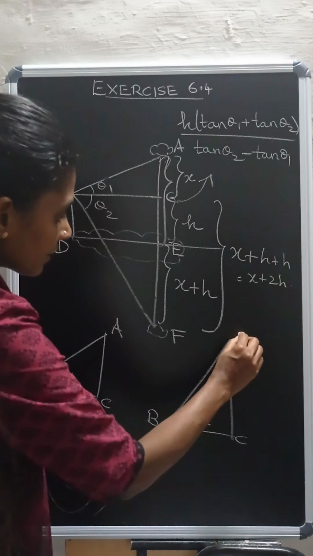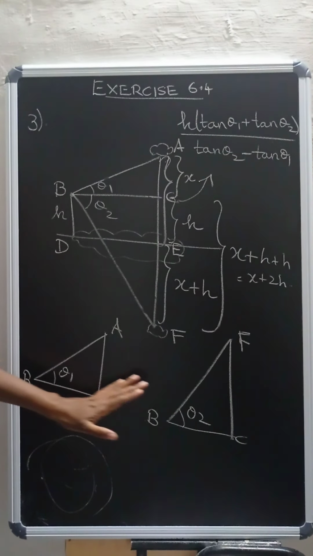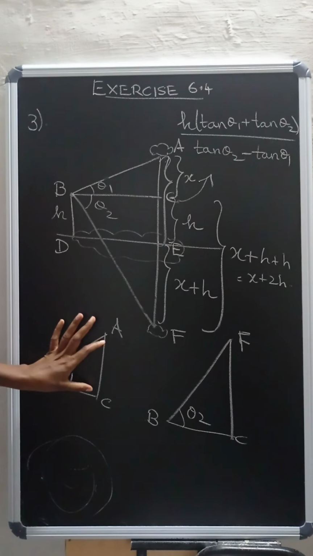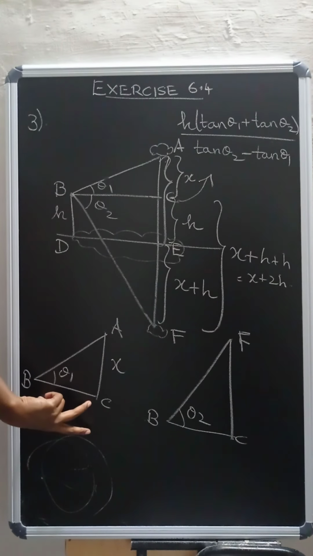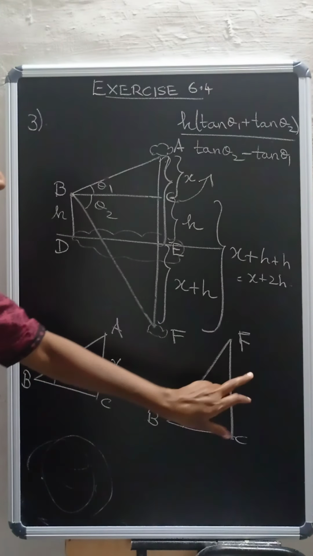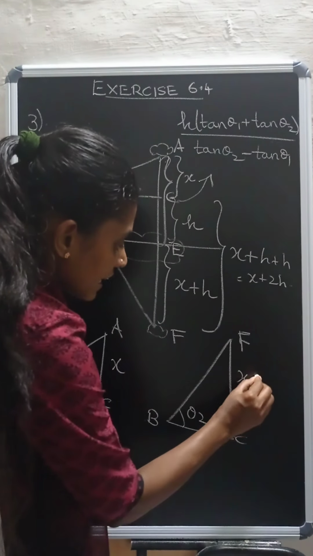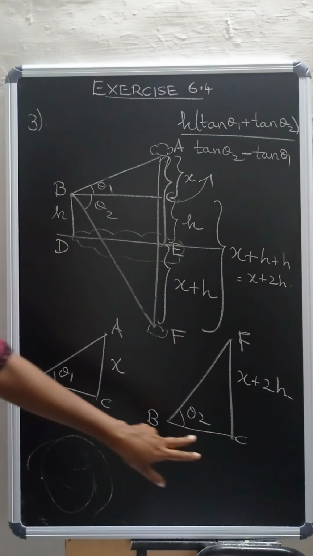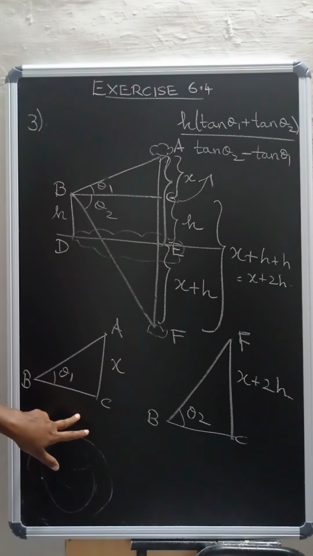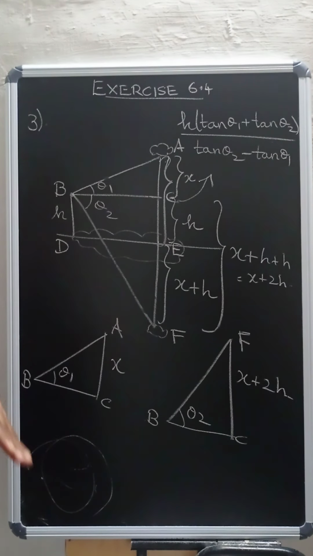Now what is the value of AC? It is x. Here also you have BC, here also you have BC. Now what is FC? FC is x plus 2h. We will find BC and equate it. That is your first step.